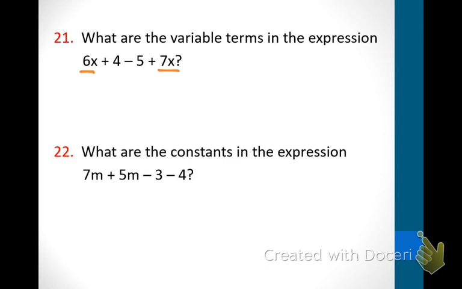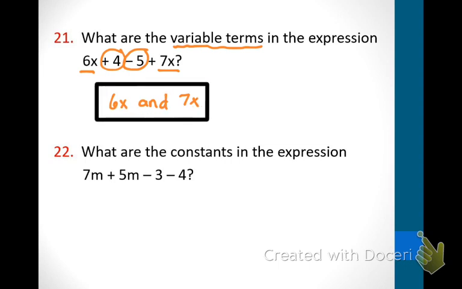And what are the other like terms? Positive 4, negative 5. Okay, so go ahead and circle positive 4 and negative 5. This just helps us to identify the two different kinds of terms, okay? Cameron, what are, specifically, the variable terms here? 6x and 7x is correct, okay? Because if you remember, guys, a variable term is a term with a variable in it. So anything that has a letter in it is a variable term.